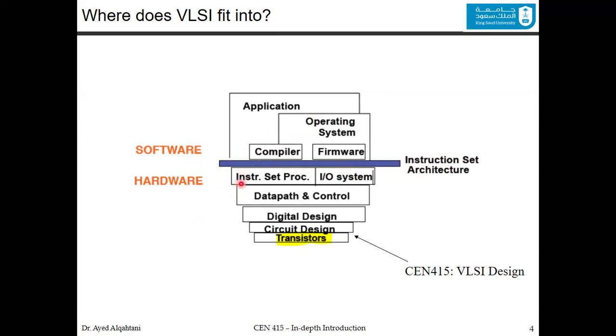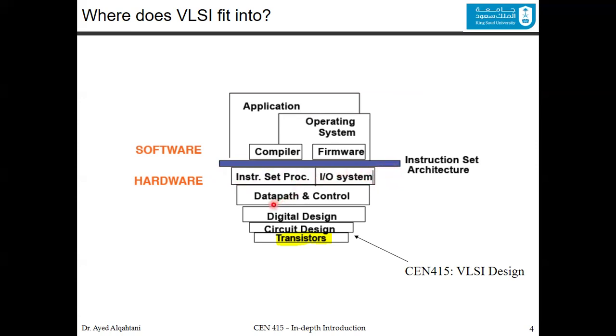It also tells you what the instruction sets and procedures are, and how to write assembly language code that is very close to the hardware, and also the I/O system. This course is usually the computer architecture or computer organization course.